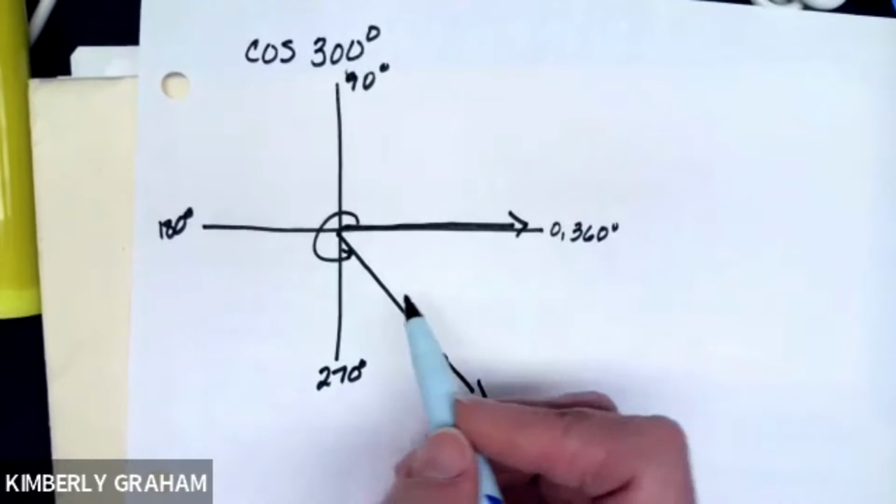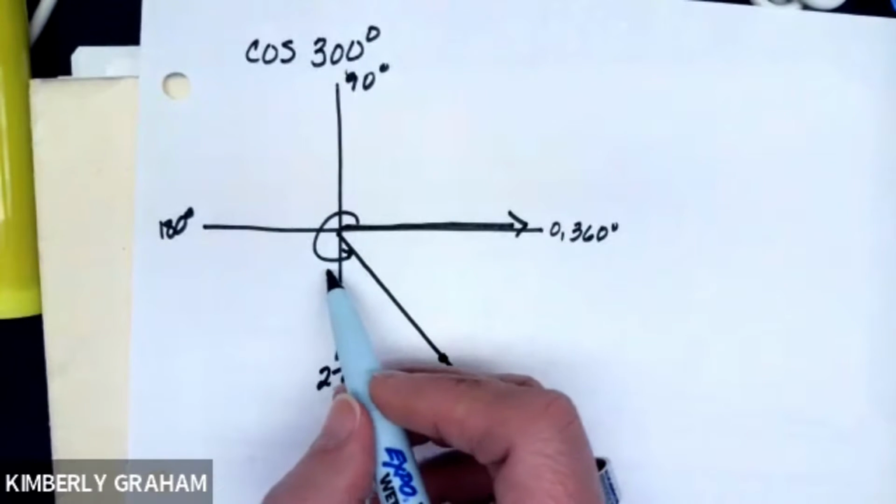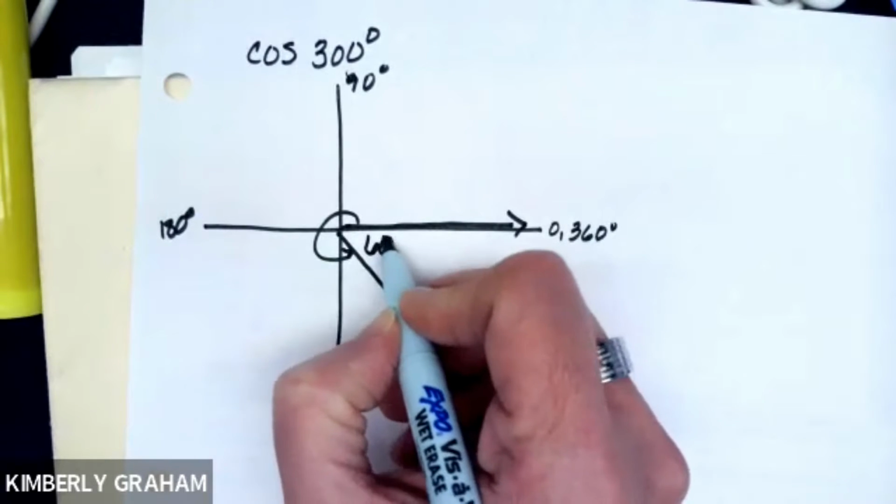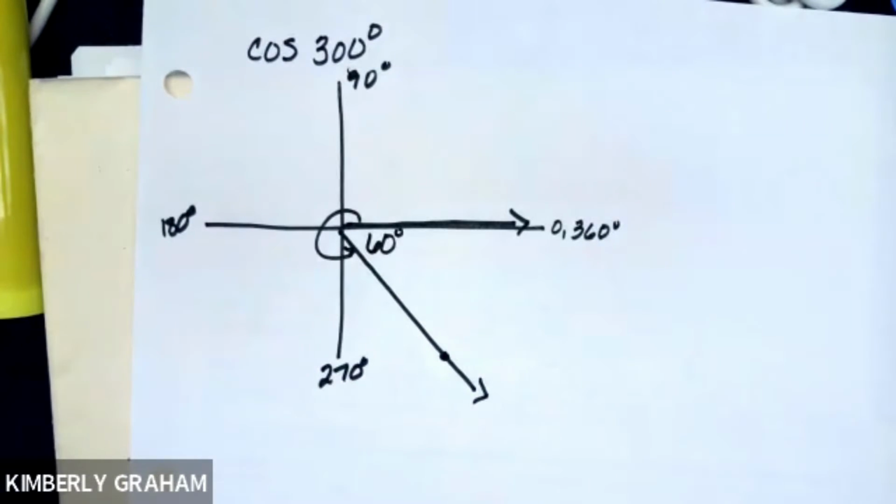Now, all the way around here I have marked as 300, so this angle in here is 60 degrees. That is what I'm calling my reference angle.